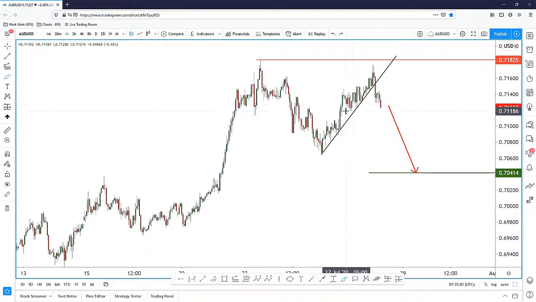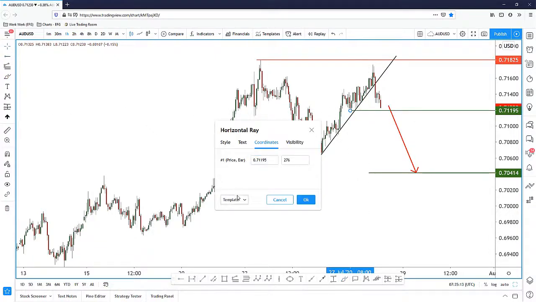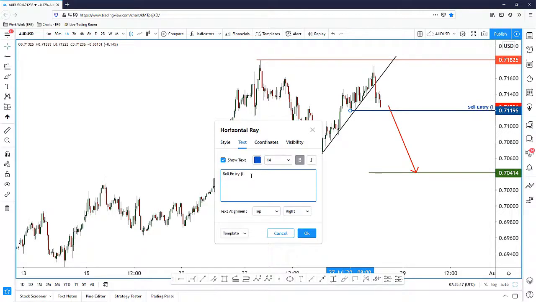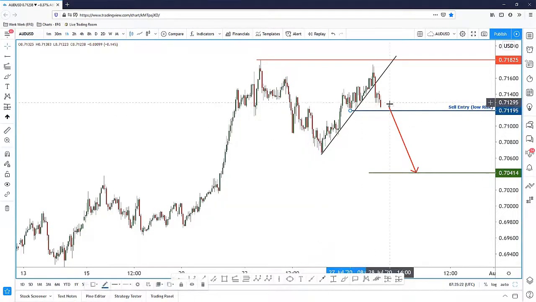All right, so we see that there's a support here. So there are two ways of playing this. If price breaks this support level, this can be a low risk sell entry, so we can just sell and then go all the way down.